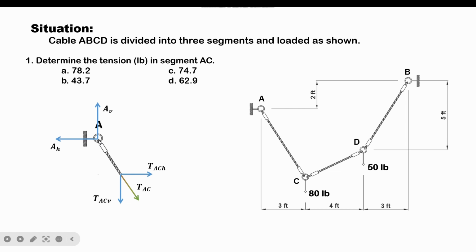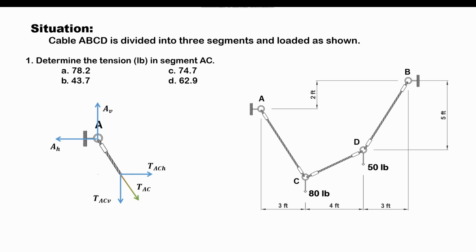For joint A to be in equilibrium, these forces should cancel each other, and that would only happen if AH is equal to TACH. If their values are equal and they act in opposite directions, then point A would be in equilibrium.